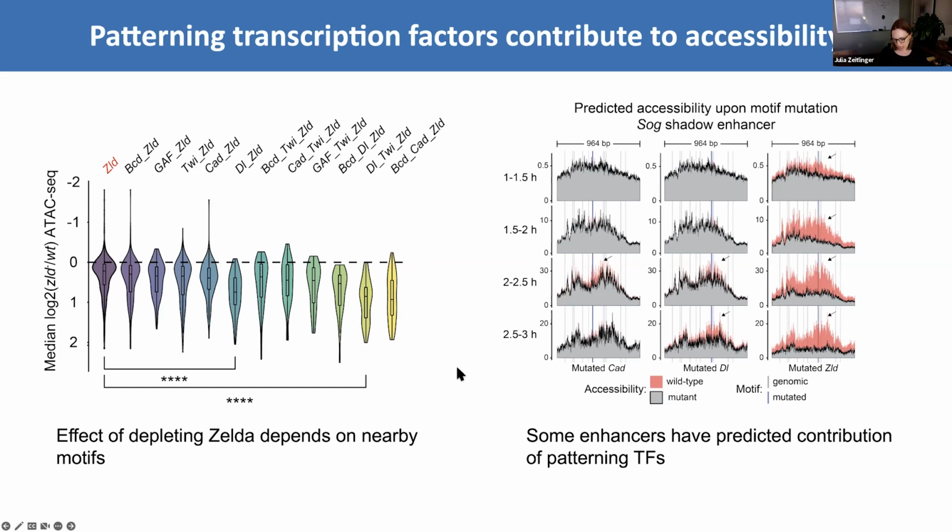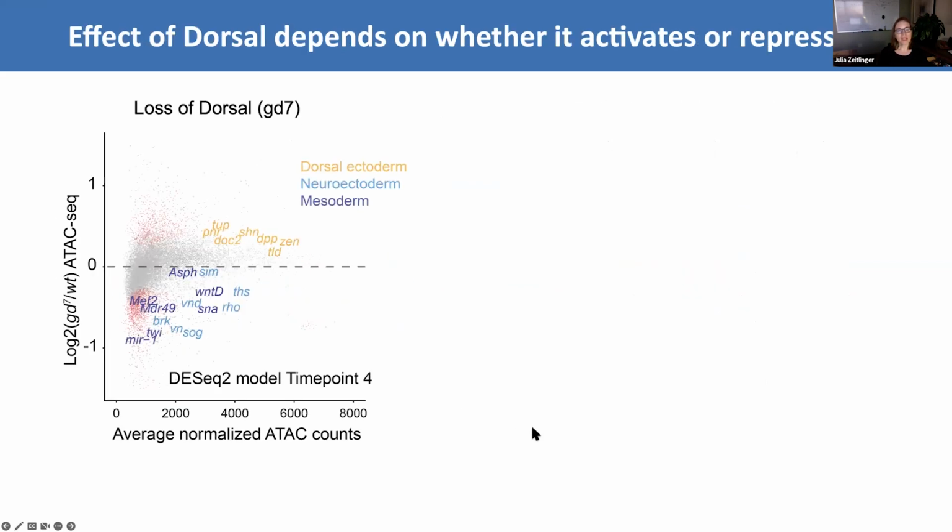So the question is how? To do this, we looked at Dorsal, because Dorsal is something that we studied before, and we knew that Dorsal functions both as an activator and a repressor. In this case, we used a mutant where Dorsal is no longer active, and we looked at how all the genes change in accessibility.